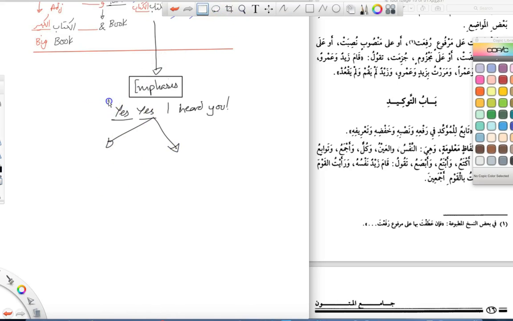Let me get rid of this so it doesn't confuse anyone. So there are two types of emphasis that we use in Arabic. Now one of them is the emphasis which you're going to study in balagha.